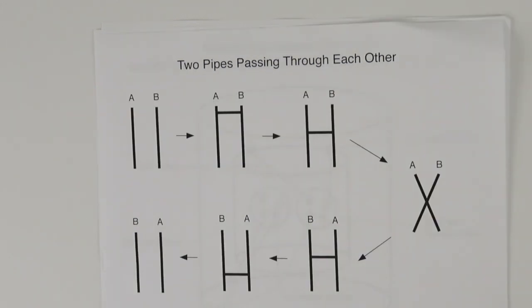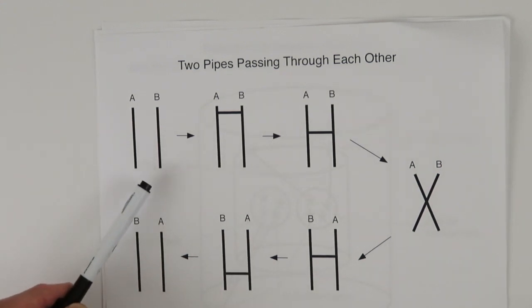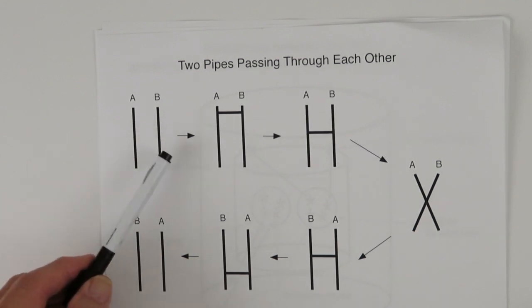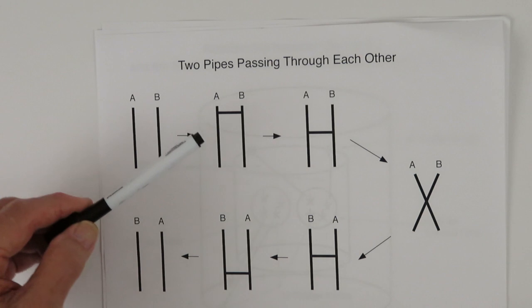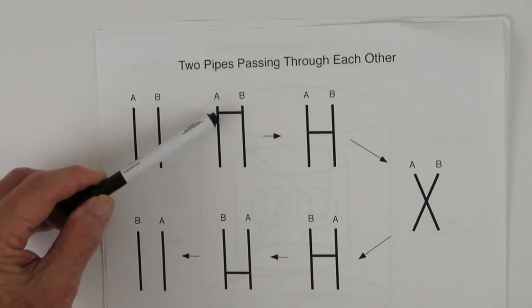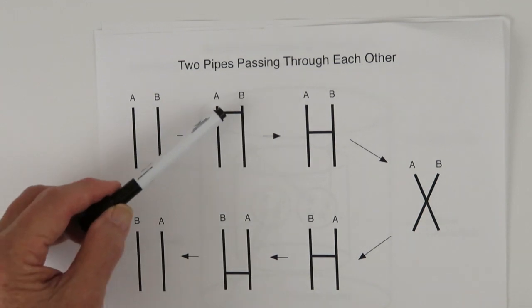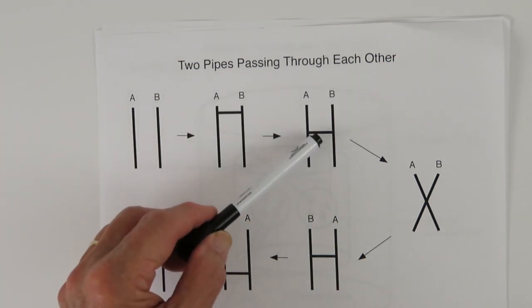This logical diagram is meant to illustrate how two pipes pass through each other. So if we have pipe A and pipe B, this is better in 3 dimensions, but I think this is enough to explain the idea. You can't just pass them through each other. You would have to bring in a pipe, a toroidal hole, from someplace in the exterior of the structure, and that toroidal hole would move to a position like that.